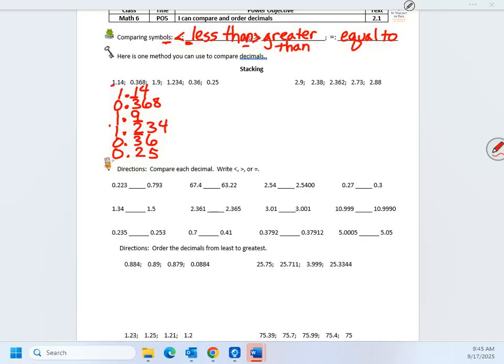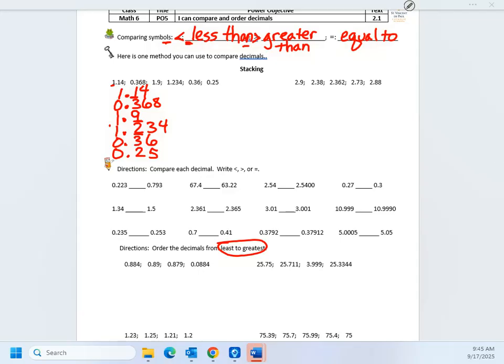As I'm working it over, if I have numbers that are the same, I look at my next column. Now usually, Mr. Schultz is going to want us to look at least to greatest, so we want to find the smallest number. We know 1 is bigger than 0, so 0 is our smaller number.